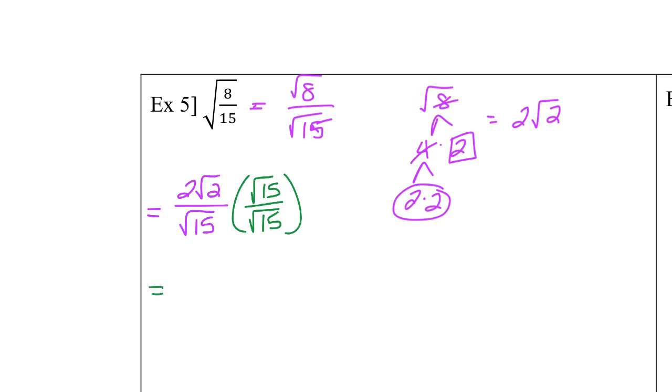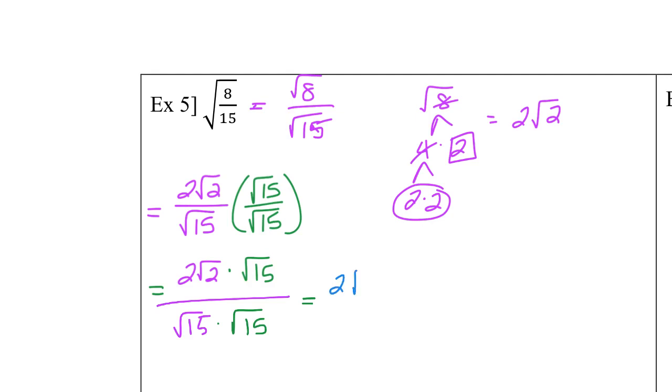So on the numerator, I have 2 square root of 2 times the square root of 15 over square root of 15 times the square root of 15. We're going to use some shortcuts here. Let's use our multiplication property. So 2 square root of 2 times square root of 15 is going to be 2 square root of 2 times 15, all underneath.